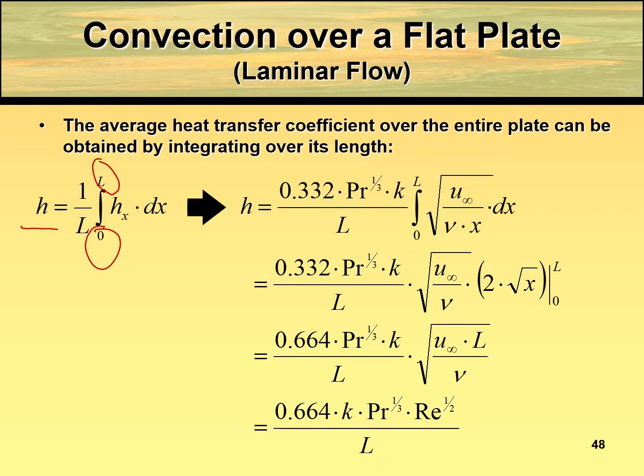So if we want to calculate the overall convection coefficient for the whole length of the flat plate, you can integrate the previous equation, which gives you h equal to 0.332 Prandtl number to the power of 1/3 times k divided by L, times the Reynolds number.